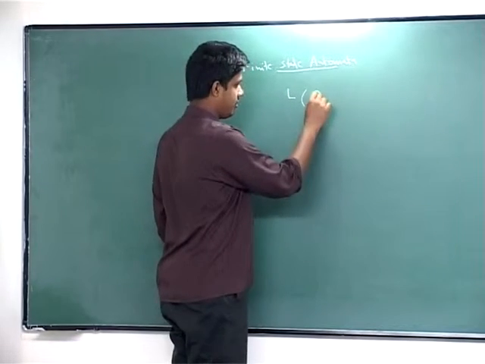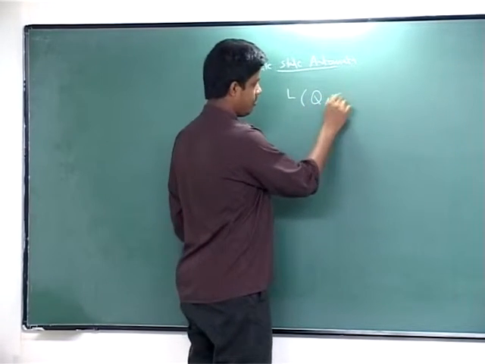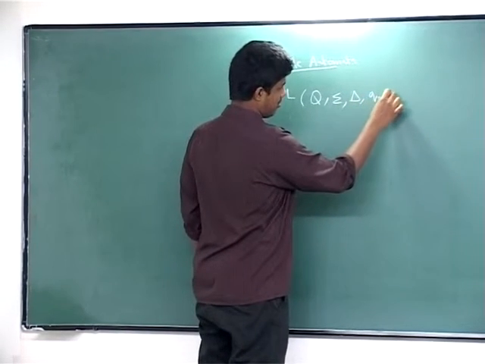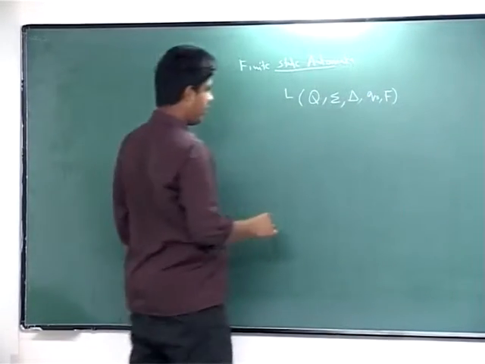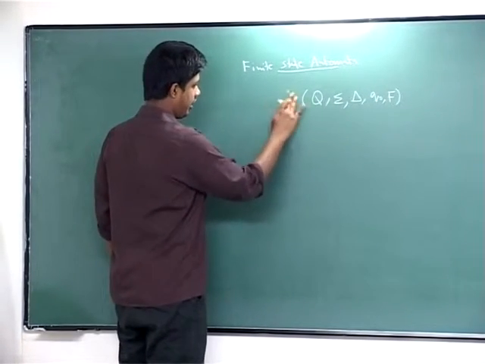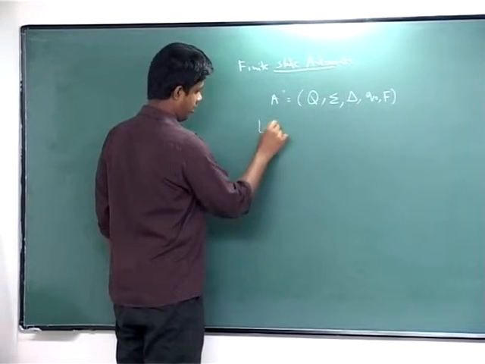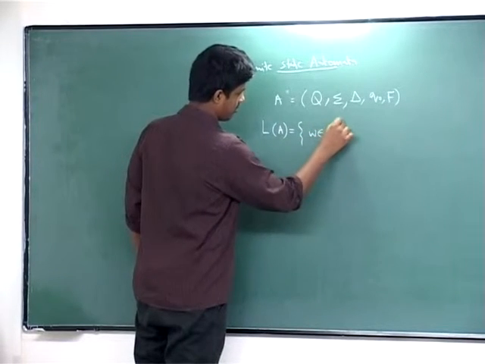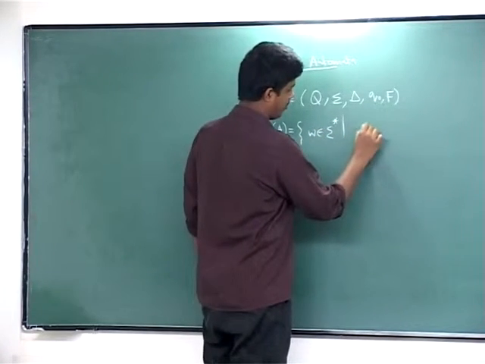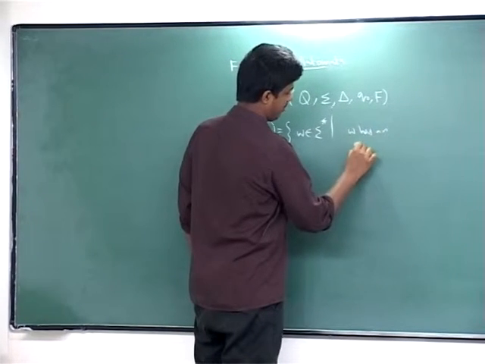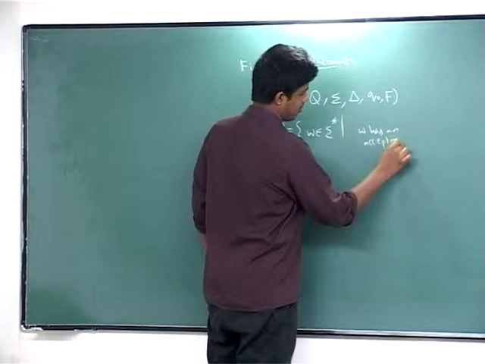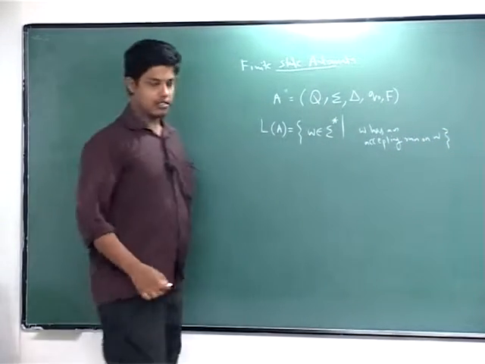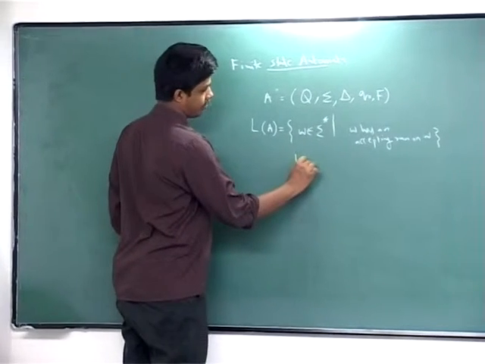It's a five-tuple: Q, Sigma, delta, q0, F. If this is A, then L of A is all those strings in sigma star such that w is accepted, and these languages are called regular languages.